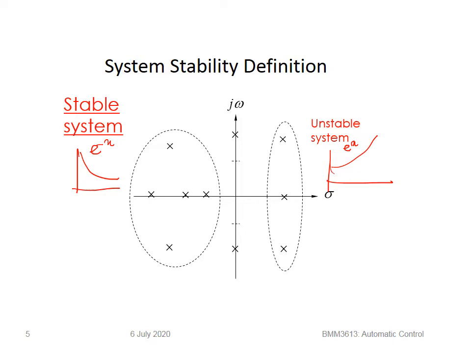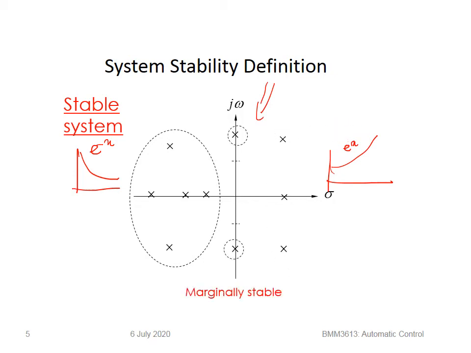If only one pole is on the right hand side, your system will become unstable. But if your system has poles exactly on the j omega axis, you have a marginally stable system. It is not stable, it's not unstable. It is what we call marginally stable. It's like a sine wave.